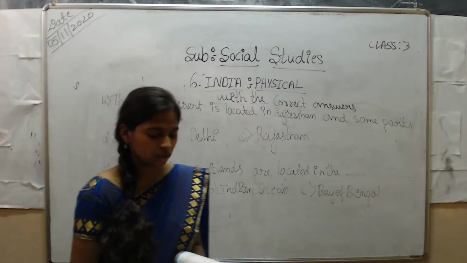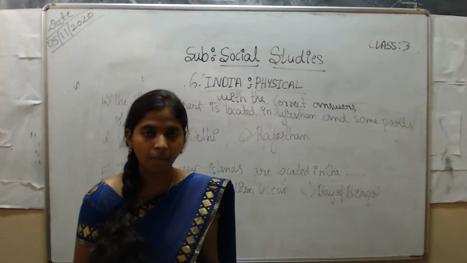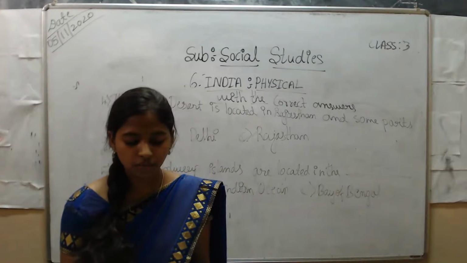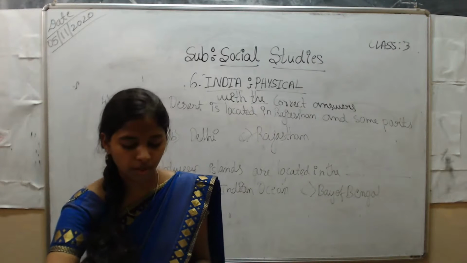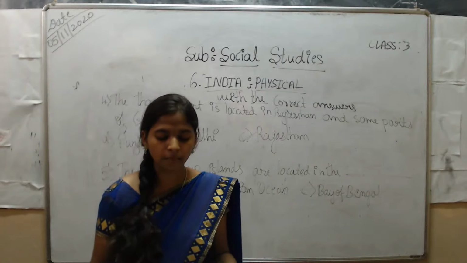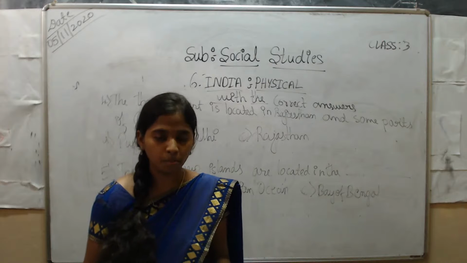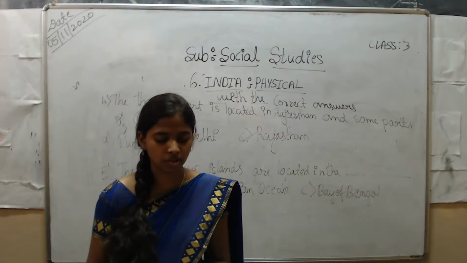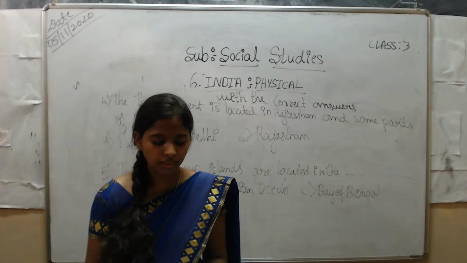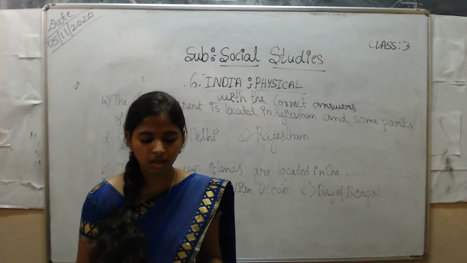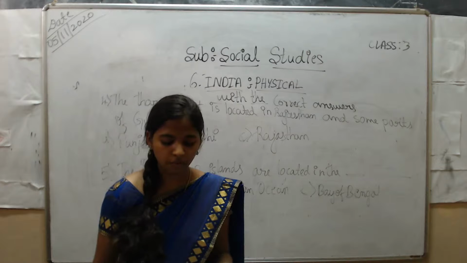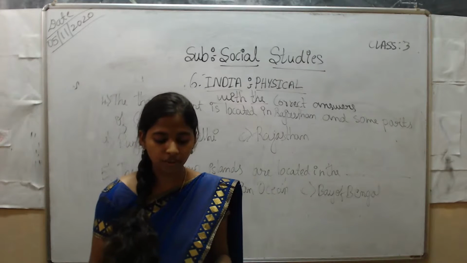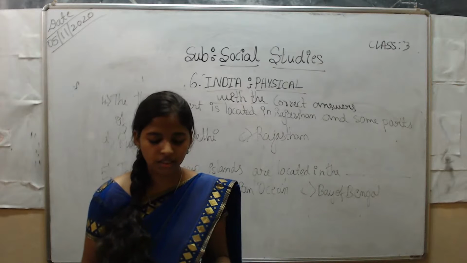So this completes your chapter, students. There is a map provided on page number 41. Mark the physical divisions of India on the outline of the map. You have to take the map of India and mention all the 6 physical divisions that I have mentioned in this chapter. Then there is a think column. The Himalayas are the major attraction for people interested in adventure sports like river rafting, paragliding and skiing.